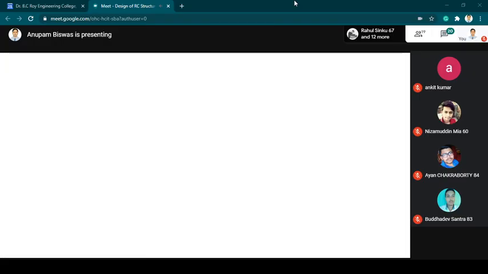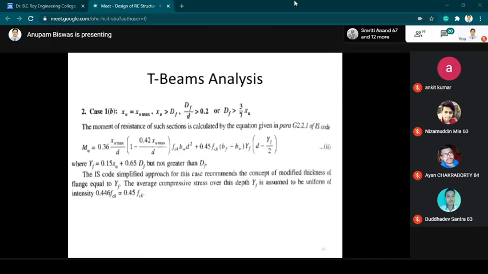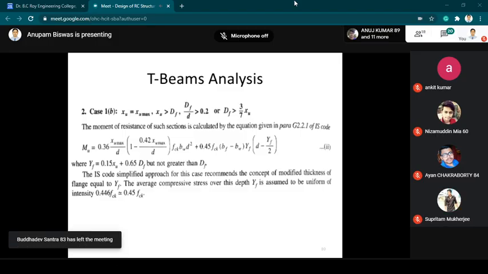Okay, now moving to the next case, case 2 for the under reinforced section. This is the sub case of case 2. Sub case 1b, for the under reinforced section, where xu max is more than xu. For this case, again two sub cases are considered: sub case 2a and sub case 2b.